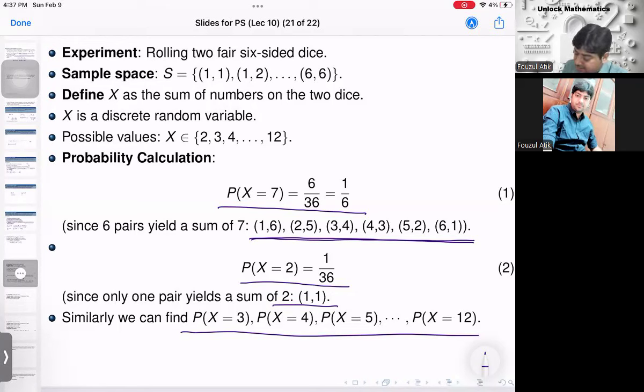Note that these X values give you the complete sample space. If X equal to 2, that means 1 1. X equal to 3 means 1 2, 2 1. All the outcomes are covered within this, right? So keep that as a note. We'll bring it back again.